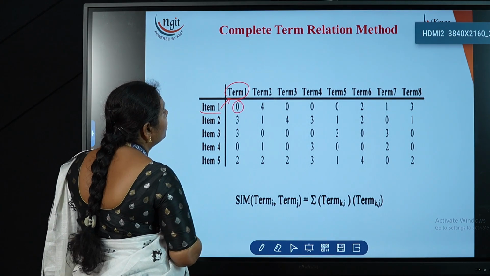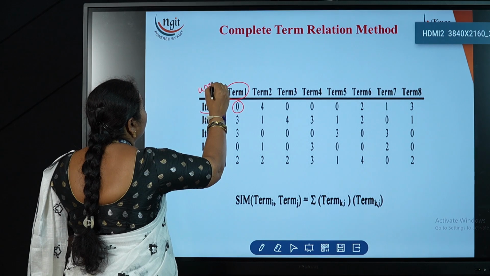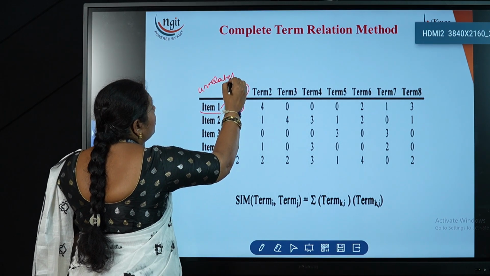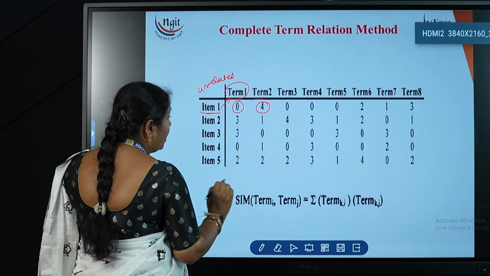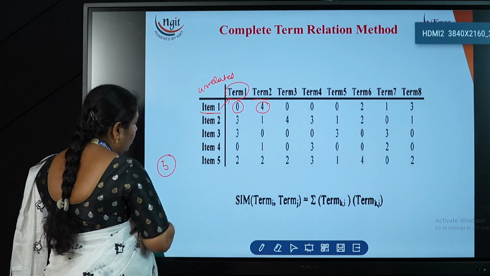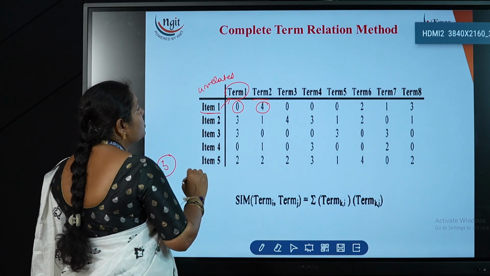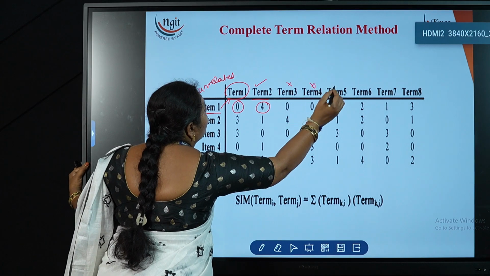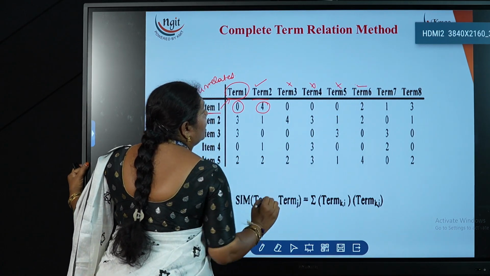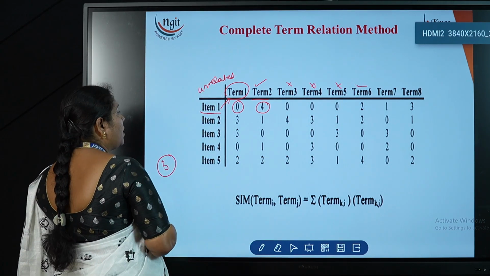It is only 0, so these two are unrelated. Again, item 1 and term 2 is 4. My final maximum range is 5. So 0 is not okay, and 1, 2, 3, 4 up to 5 is okay.